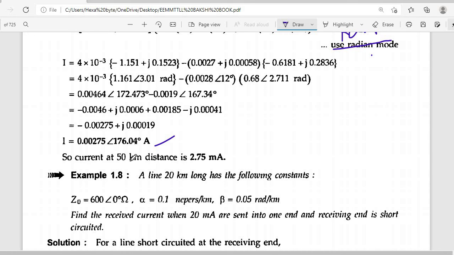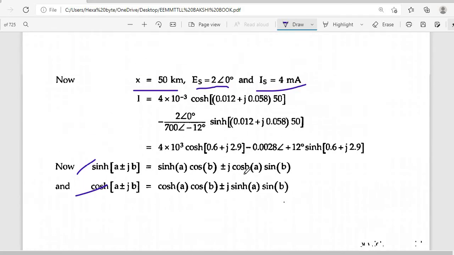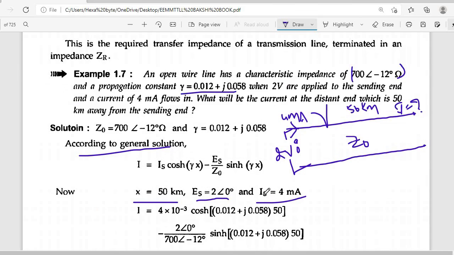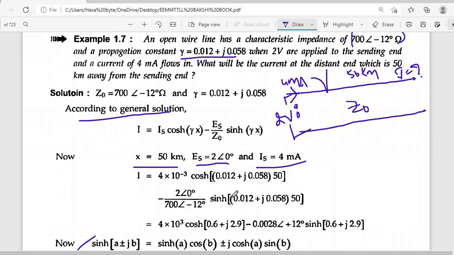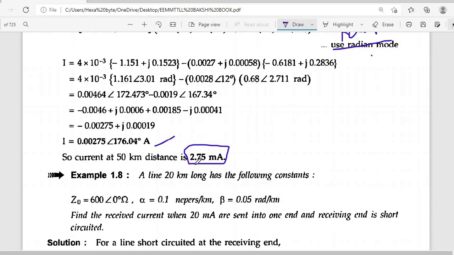So the current at 50 kilometer distance is 2.75 milliamps. How much current are we sending here? 4 milliamps. We are sending 4 milliamps, and receiving is 2.75 milliamps. Are you getting the full current?